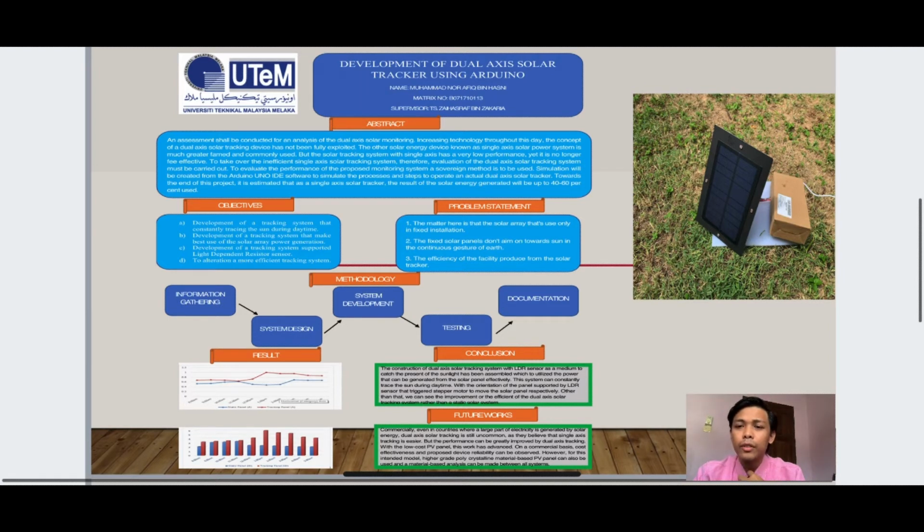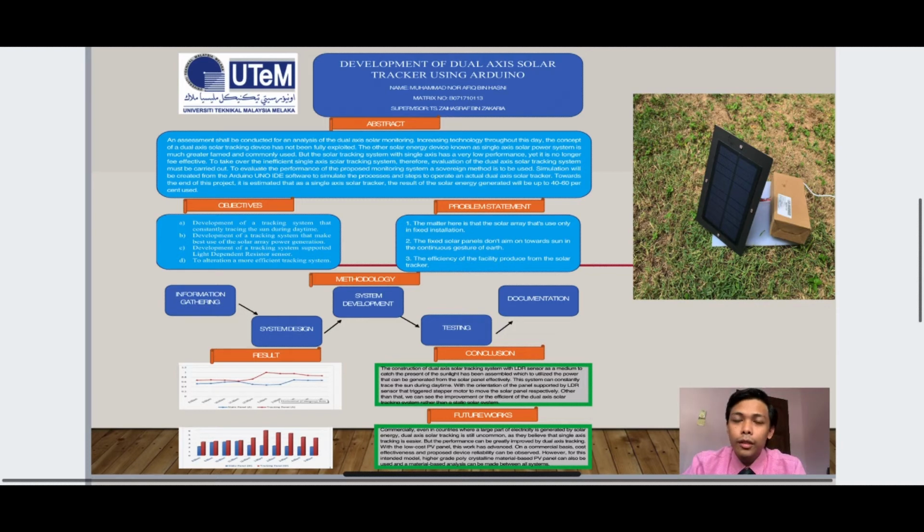So this proves that the dual axis solar tracker can solve the second objective and problem statement, that is to keep the solar panel towards the sun orientation, which uses the LDR as a sensor to catch the sun orientation. This is proof of the effectiveness of this dual axis solar tracker.